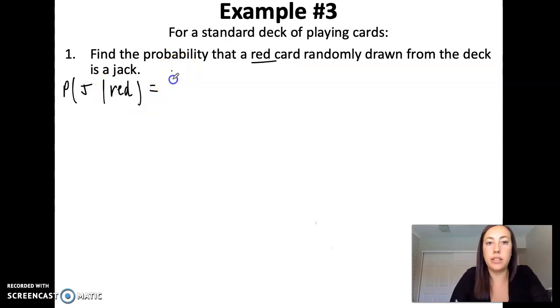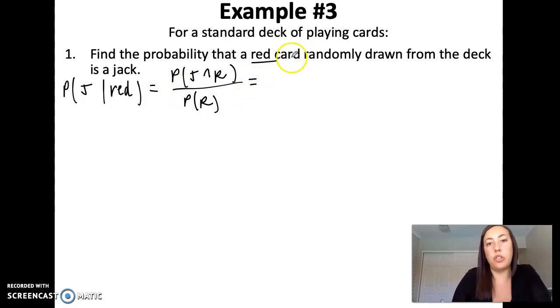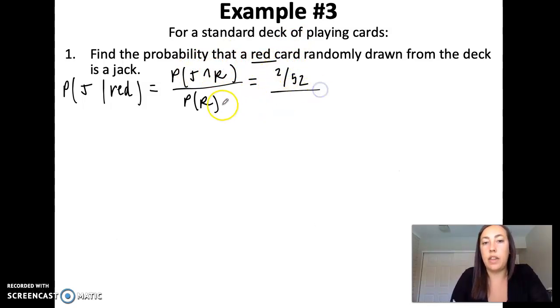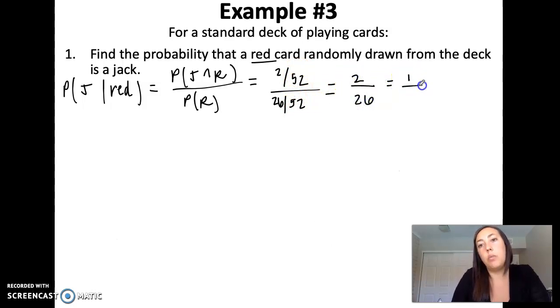Same formula: probability of jack and red divided by the probability of red. How many red jacks are there? There are 2 red jacks, both a jack and red. That's 2 out of 52 cards. Red cards are 26 out of 52 since half the deck is red. The 52s cancel, and we're left with 2 out of 26, or 1/13.